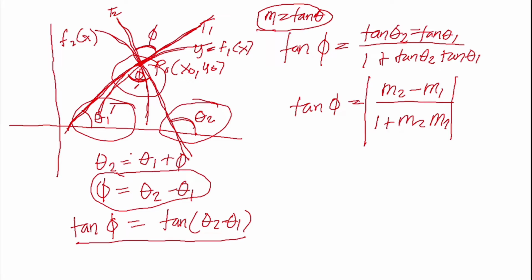Why do we need to subtract? Because this part is the slope or the tangent theta 1, and this is the slope or the tangent theta 2.